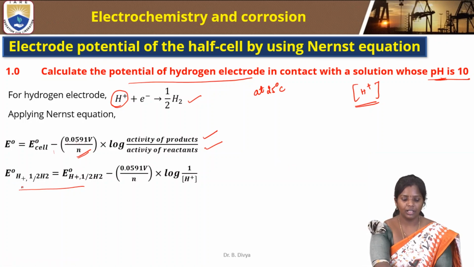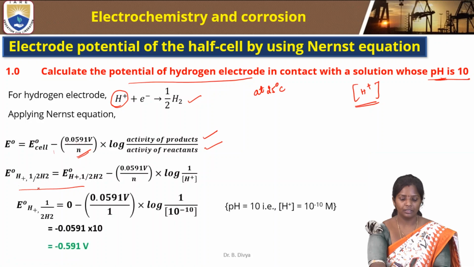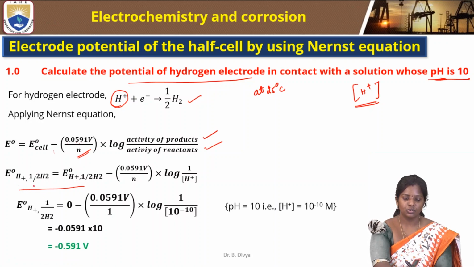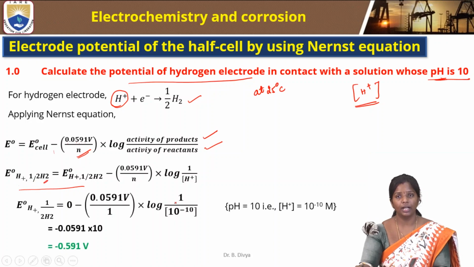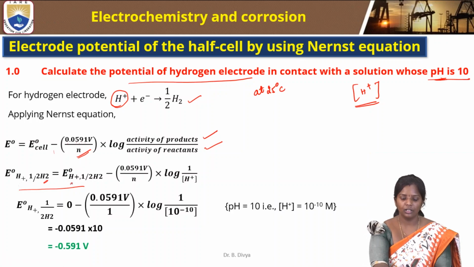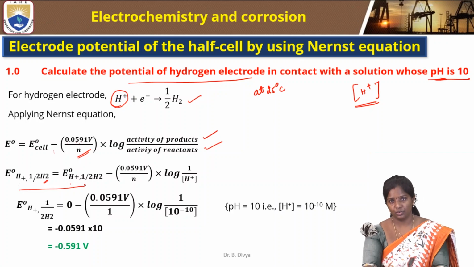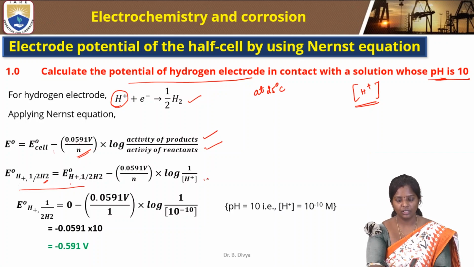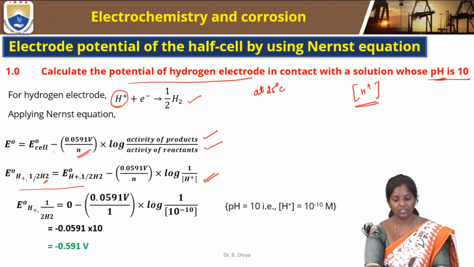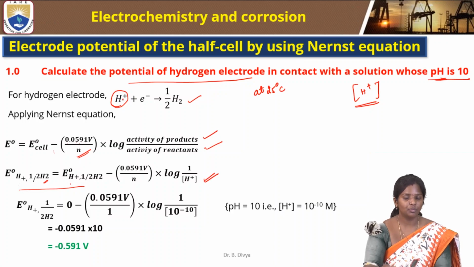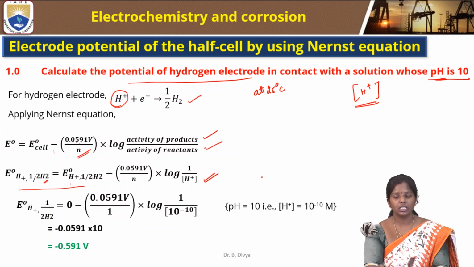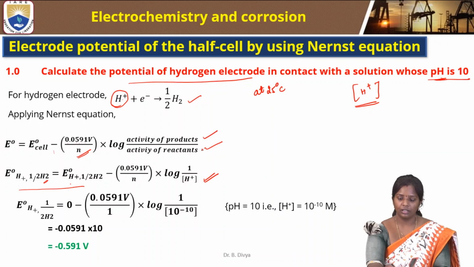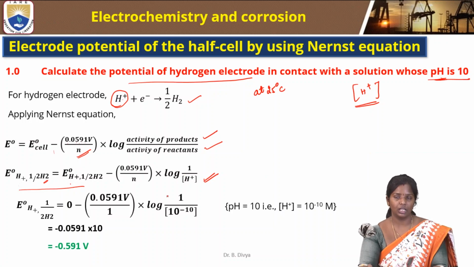We are replacing it with the reaction H plus to half hydrogen gas, and E naught for H plus to half hydrogen. Here we are substituting the H plus ions, because the pH is nothing but the concentration of H plus ions. Therefore we are substituting H plus ions here.